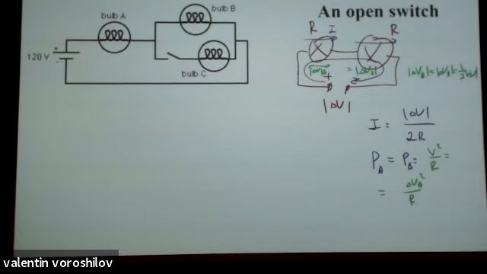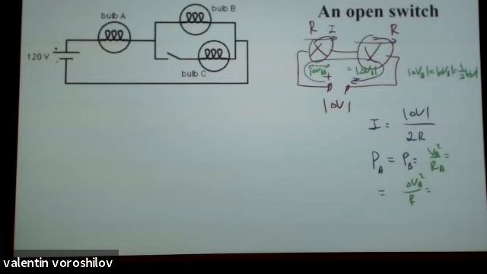Why is it R, not 2R? Well, 2R is the resistance of 2 bulbs. I'm calculating power for 1 bulb, A, so I have to use the resistance of that bulb, A, and that's R. Okay, we know that the individual voltage is 1/2 of the total.